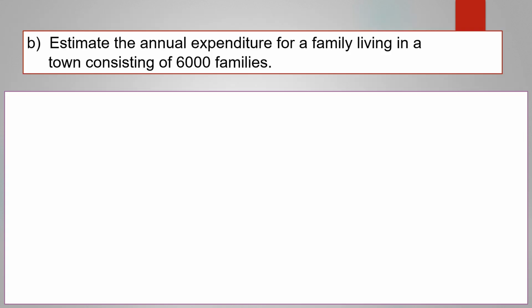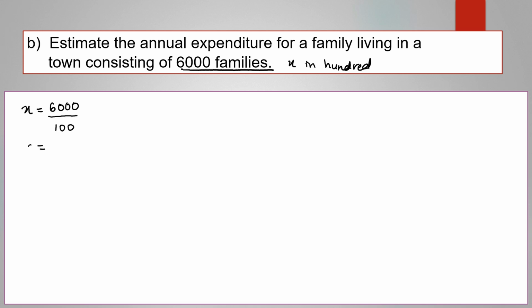For question B, we need to estimate the annual expenditure for a family living in a town consisting of 6,000 families. First of all, we all know that the unit for X variable should be in 100. Therefore, here we have our value of X would be 6,000 divided by 100.